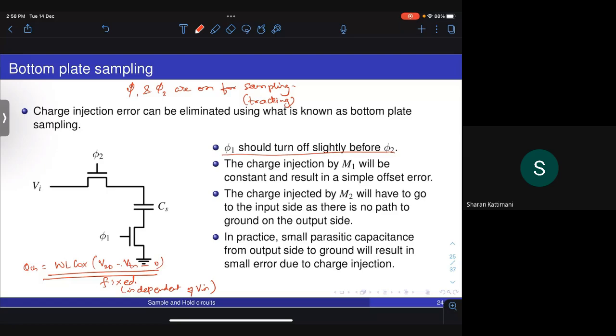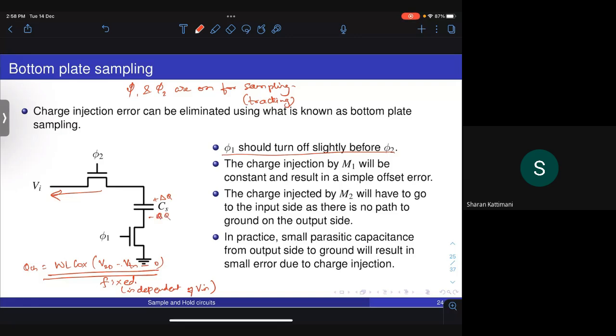Now, if you switch off phi 2, all the channel charge that is there has only one path to ground. It is through the low impedance of Vin. It cannot go to CS because there is no path to ground. You can charge a capacitor only if the other plate has some path to pull up the negative amount of charge. For example, if I put delta Q here, I will be able to put that only if there is some way to get a minus delta Q on the other plate.